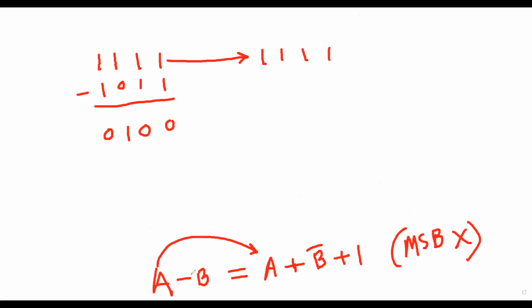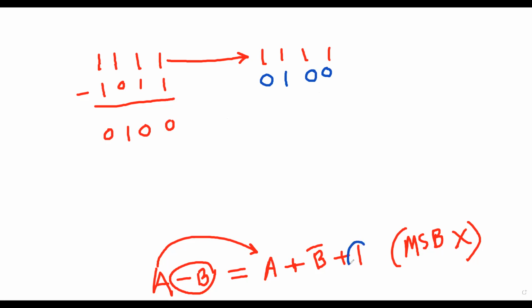B means whatever number is being subtracted. So this is our B actually. So it will be B bar. That means 1 will become 0, 0 will become 1. So this 1 will become 0, and this 0 will become 1. Understood, everyone? So B becomes B bar.